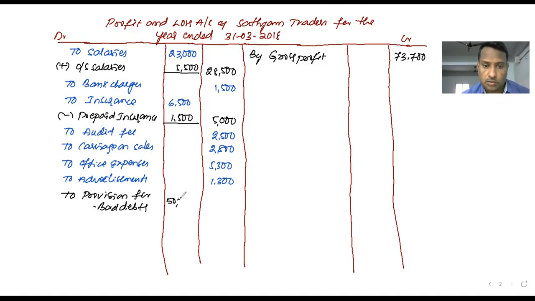On this 50,000, 5% is doubtful. So 50,000 into 5 by 100. Cut off the two zeros from each, and 500 into 5 equals 2,500. So 2,500 is the doubtful amount on the debtors. Next, to depreciation on machinery.